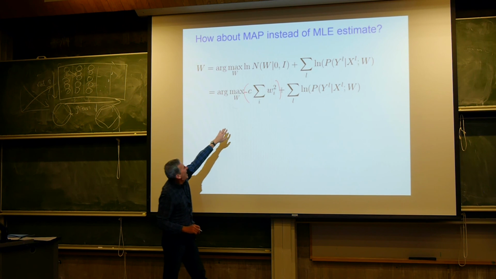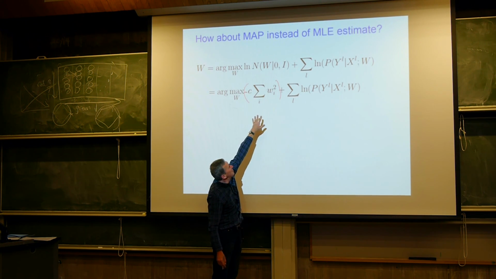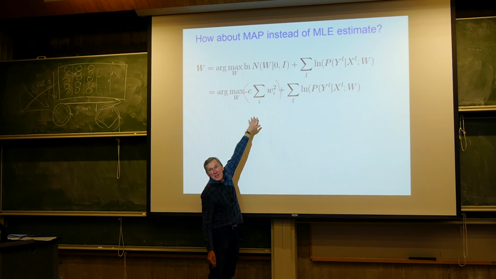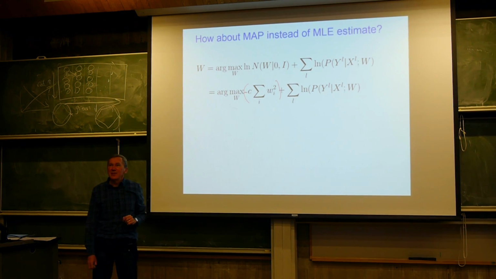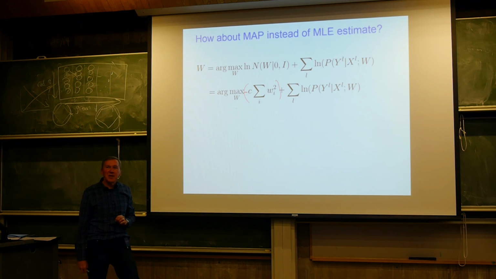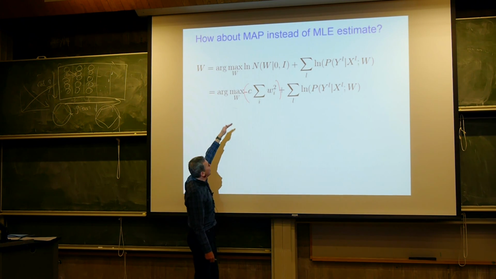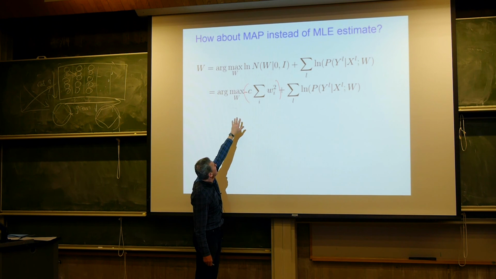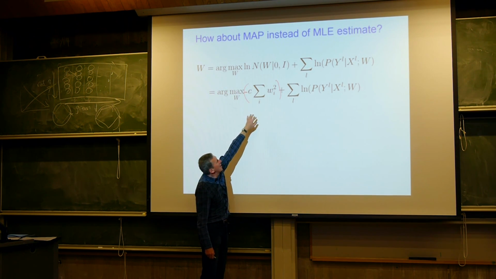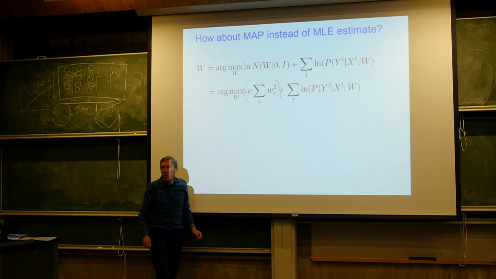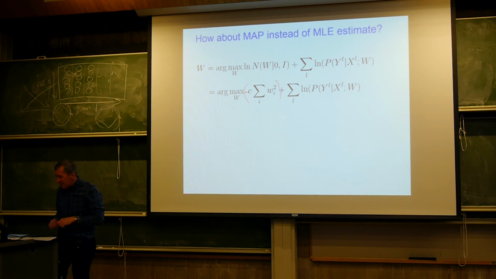It's the same as adding in a penalty term that pushes the weights towards zero. And this would be a good homework for you to do on your own to show that if you put a Gaussian zero mean prior and you work through things, then you find out that it's equal to adding a term like this in the quantity that you want to maximize. It's not hard to show.